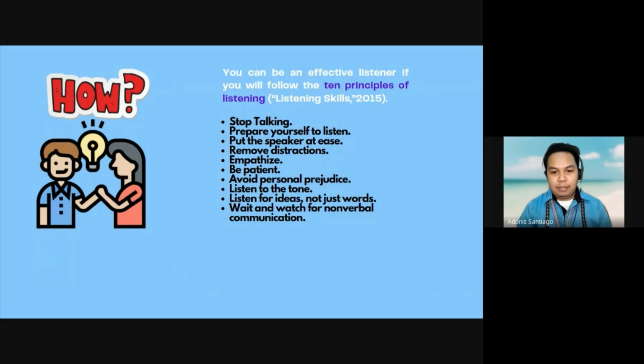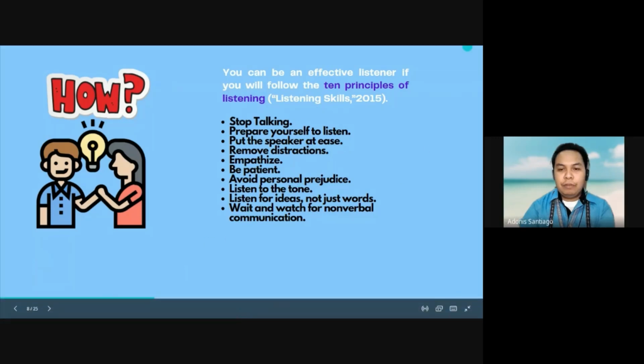Next is be patient. Even if the speaker tells the story in a non-believable way or something that is annoying, you need to be patient, because he or she might not be that skillful in communicating with other people, so you need to understand them. Next is you need to avoid personal prejudices.